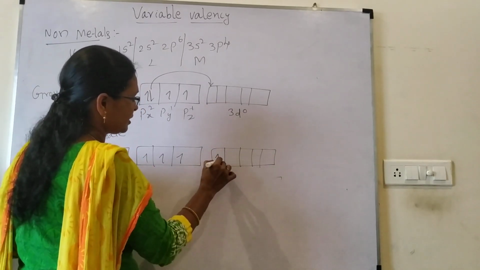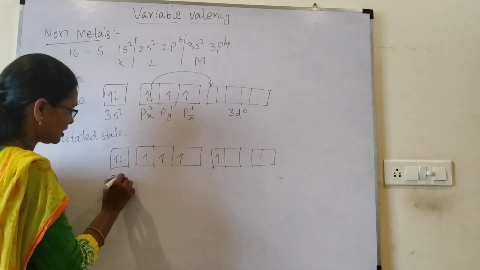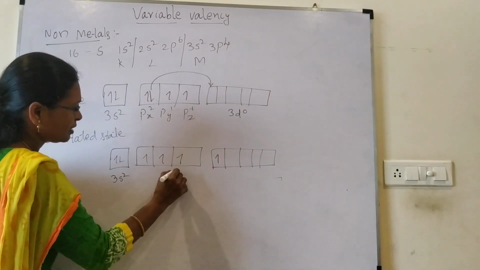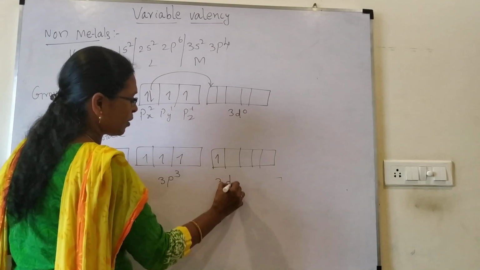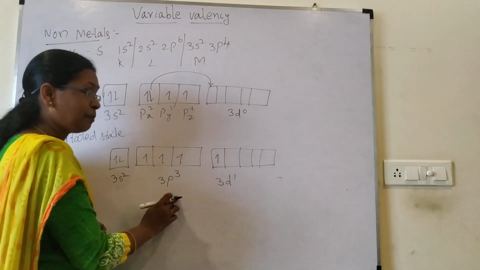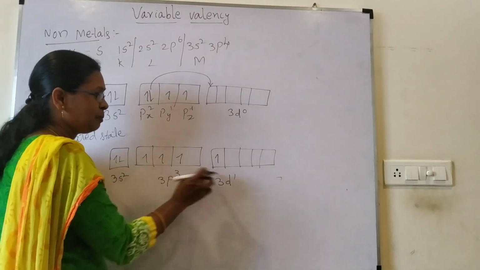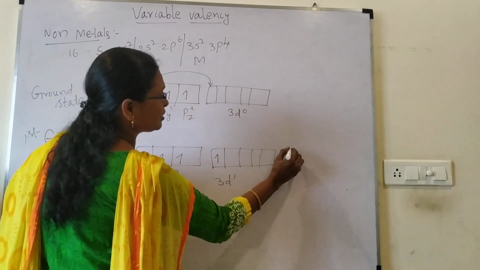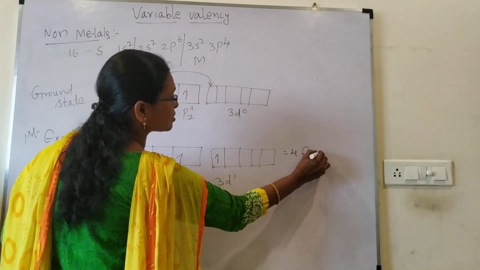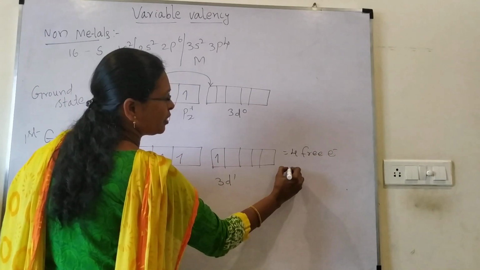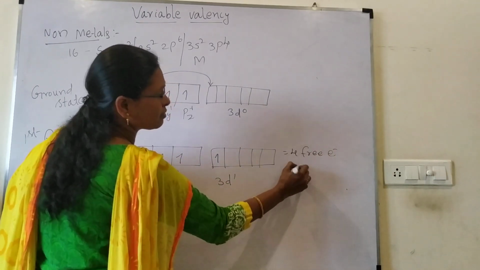That is the reason we can write 3s2, 3p3 and 3d1. So in the d orbital and p orbital, how many free electrons are there? 3 plus 1, so we can say 4 free electrons. So variable valency 4 will come.